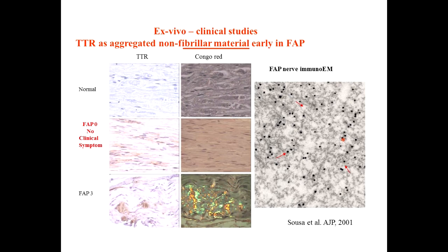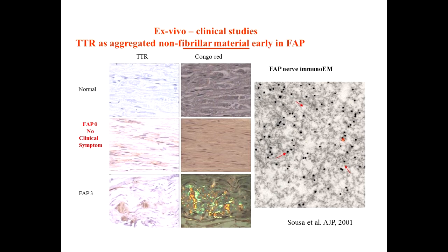So for ex vivo studies, we had access to FAP biopsies from asymptomatic patients collected now 30 years ago, many years ago, at Hôpital Saint-Louis in Porto. And so we had different biopsies. We had normal, and when I say normal, are from siblings of asymptomatic carriers.